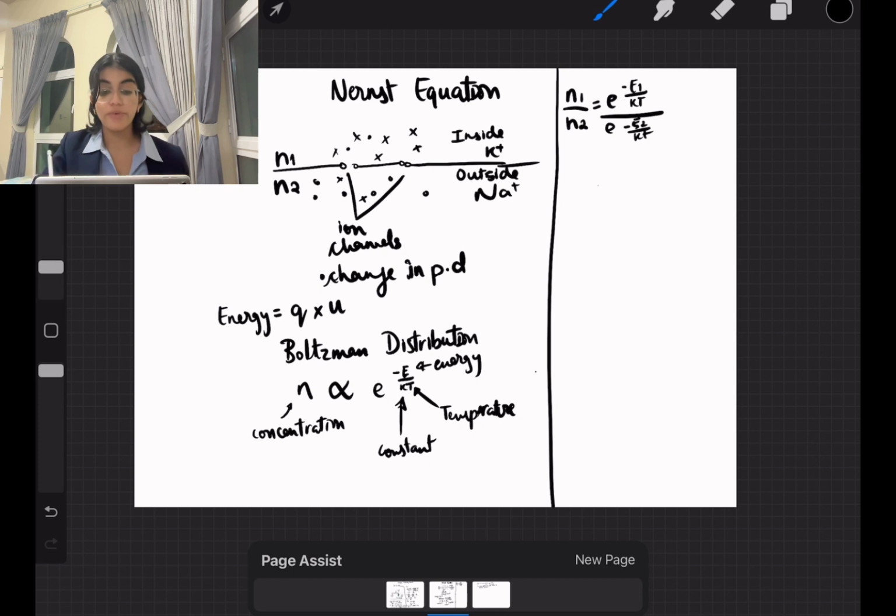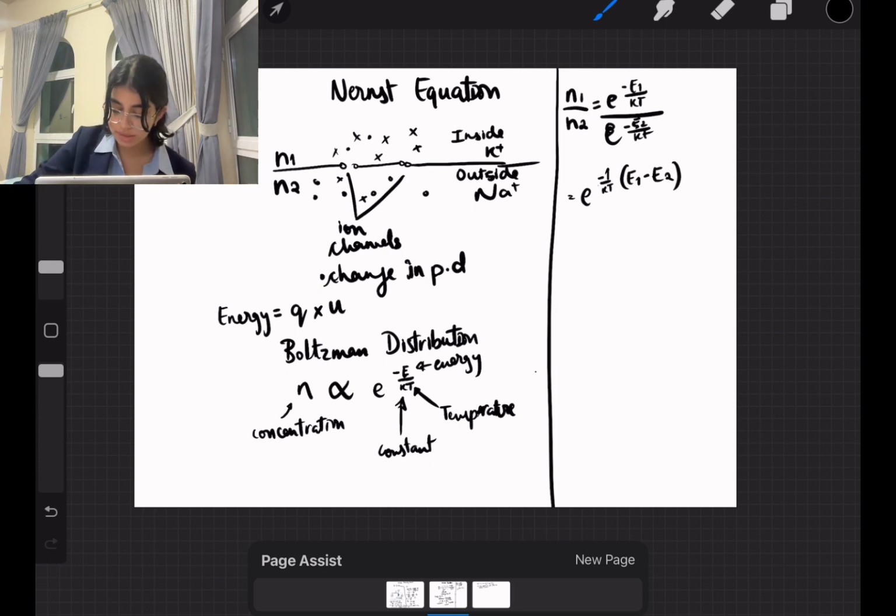Now, the ratio of the exponentials can be written as the difference of E1 minus E2. So, this can be represented as e to the power of negative 1 over kT times E1 minus E2.